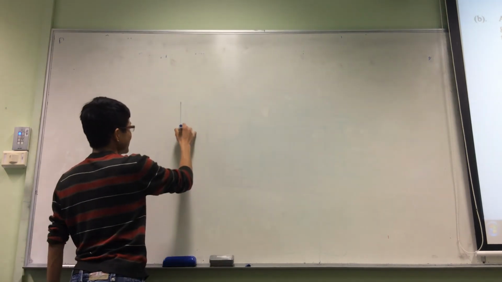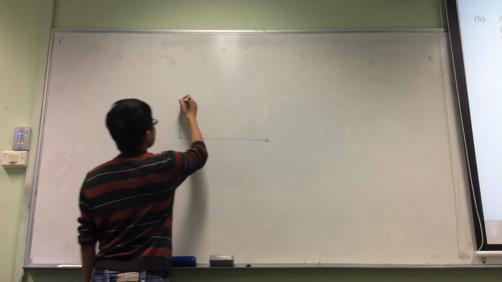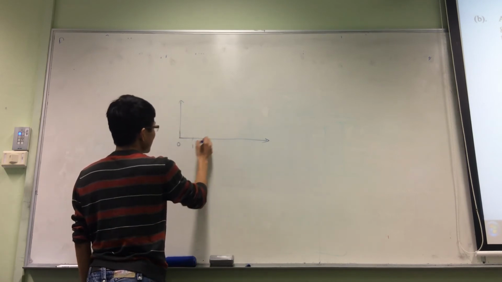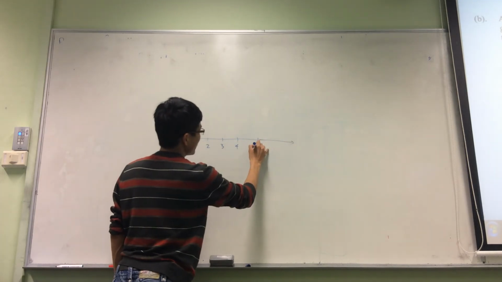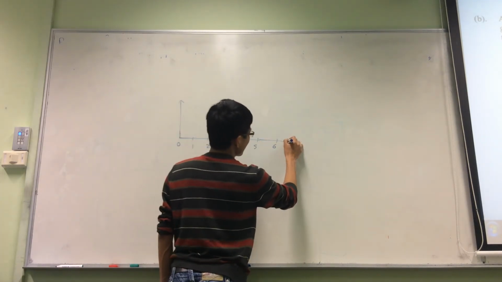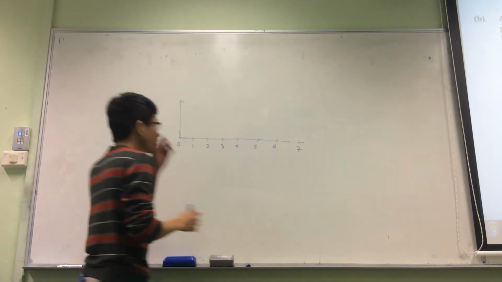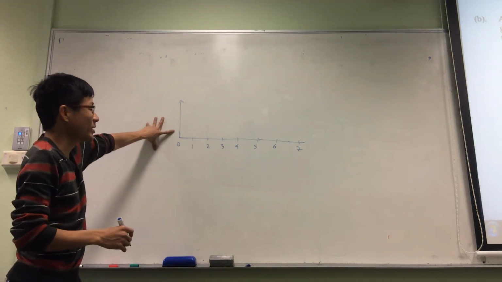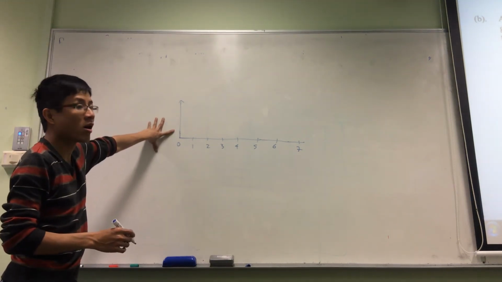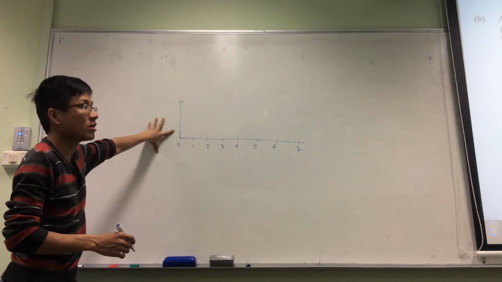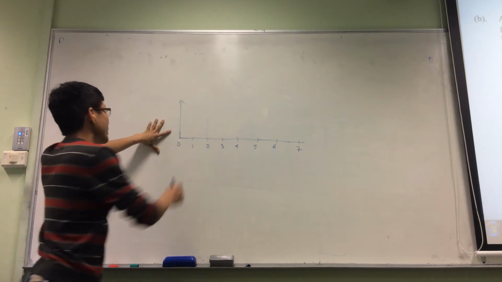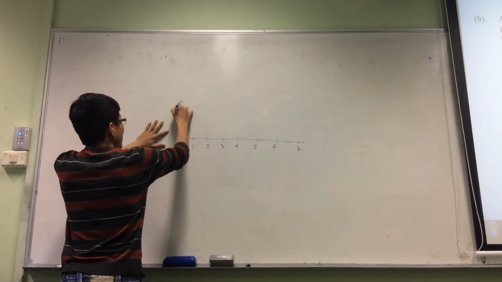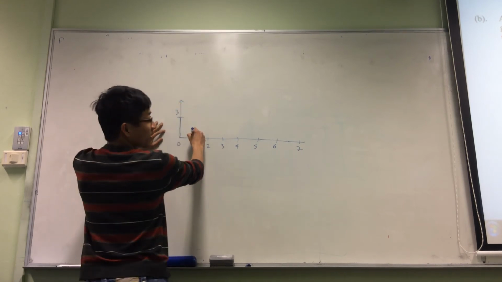Let's do the simple histogram first. 0, 1, 2, 3, 4, 5, 6, and 7. How many pixels got 0? 3. How many pixels 1? 2.